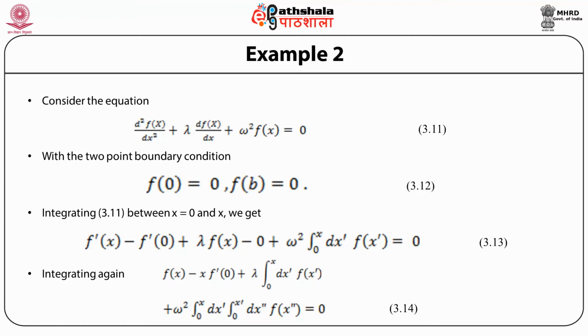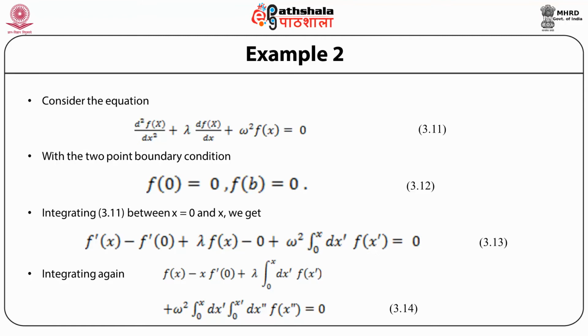Notice that this is the equation of a damped harmonic oscillator. And we have to solve this equation with the Cauchy boundary conditions that the value of the function at one point of the boundary f of 0 is equal to 0 and the other point of the boundary f of b is also equal to 0.